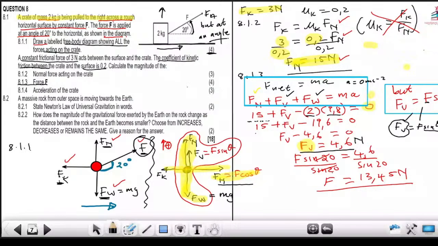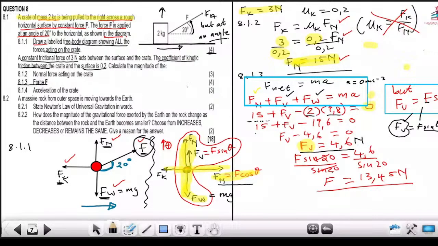The rough surface gives us FK, with the horizontal forces. FA is applied at an angle, so if I break it down into its components, I am going to get FV and FH. But now Fn plus Fv plus Fw give me all the vertical forces.